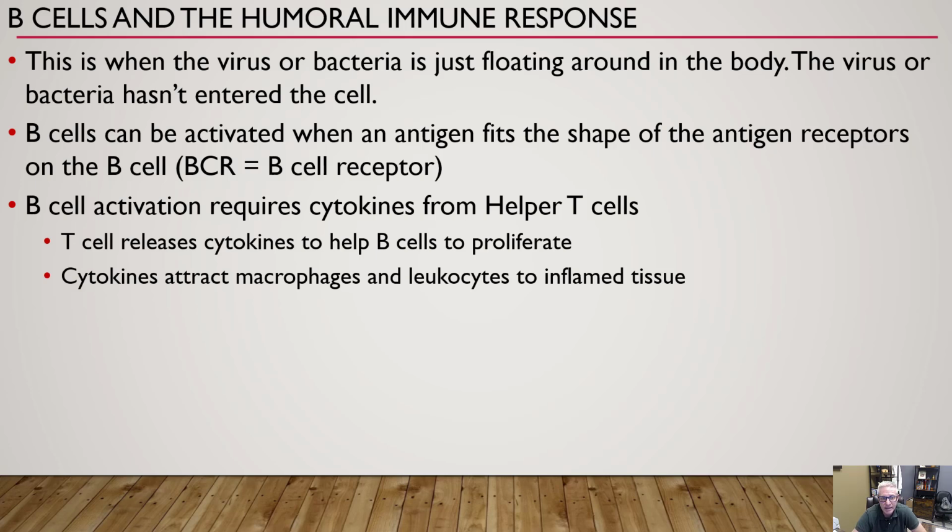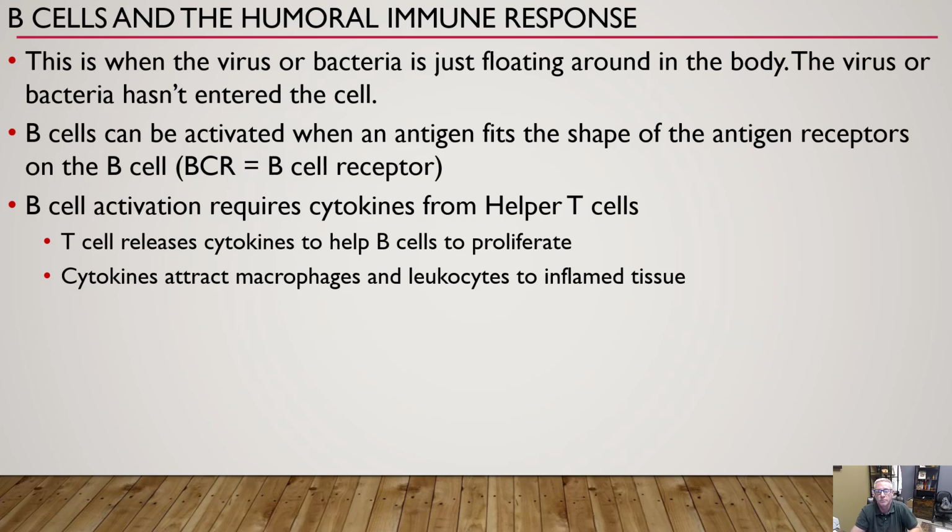So B cells can be activated when that antigen and that bacteria binds to that receptor. So if you have type A blood and you're given type B blood, that antigen reacts and we produce antibodies. That's what we're talking about with B cells.